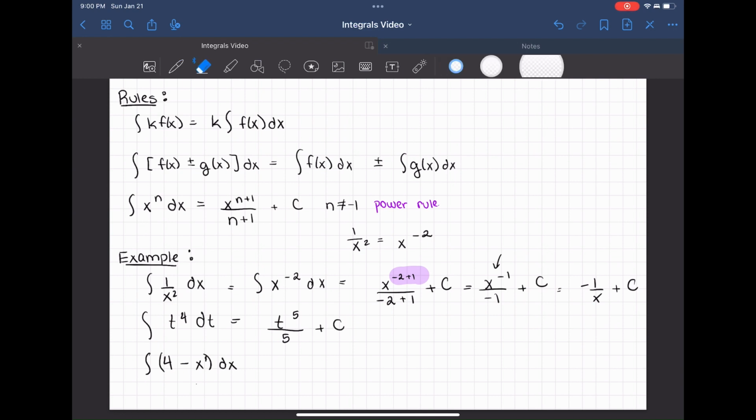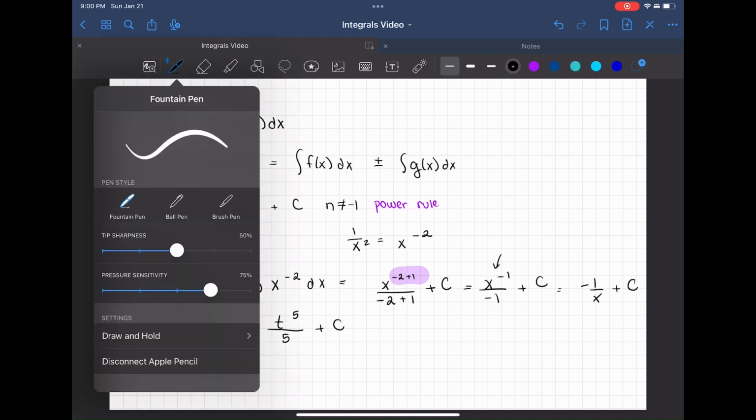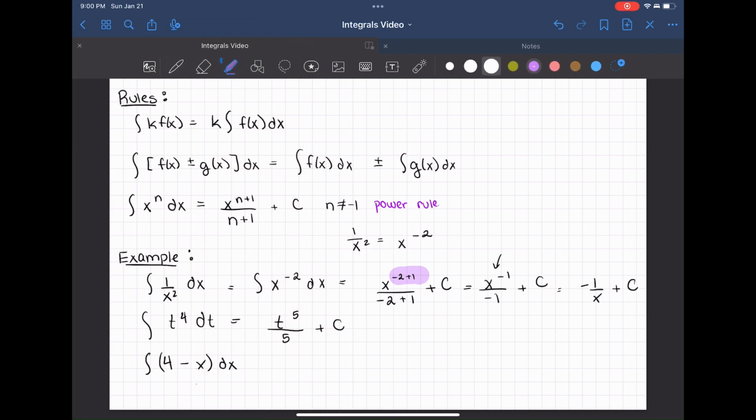Okay, this example here at the bottom, we know from this second rule right here that we can just treat these two things separated by a minus sign as two independent items to integrate, right? So let's take care first of our 4.